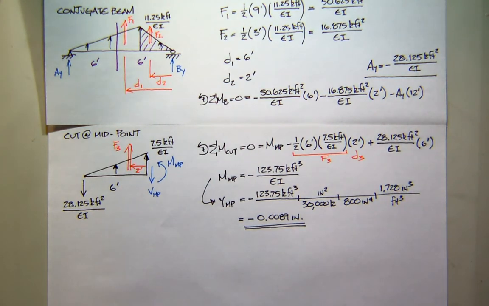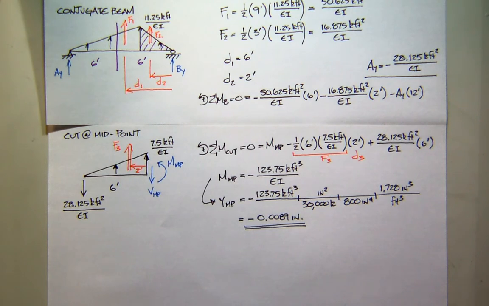Well, maybe it's not so bad. It's only a 5 kip load over a 12-foot beam, and the moment of inertia is 800. That's a pretty stout section, so maybe this is okay. That moment term seems small to me, but looking at the values, it looks reasonable. It just caught me off guard.